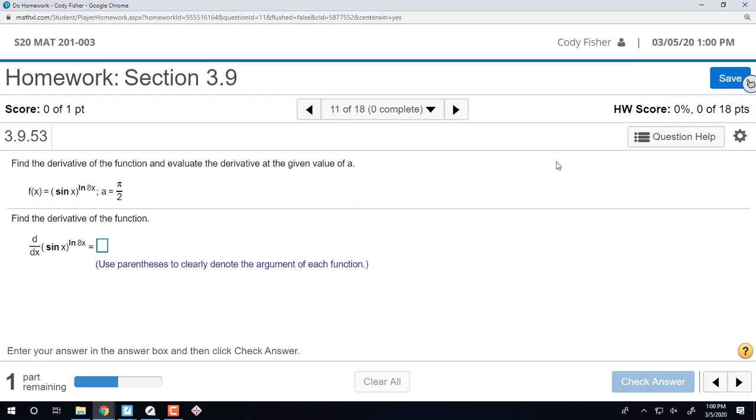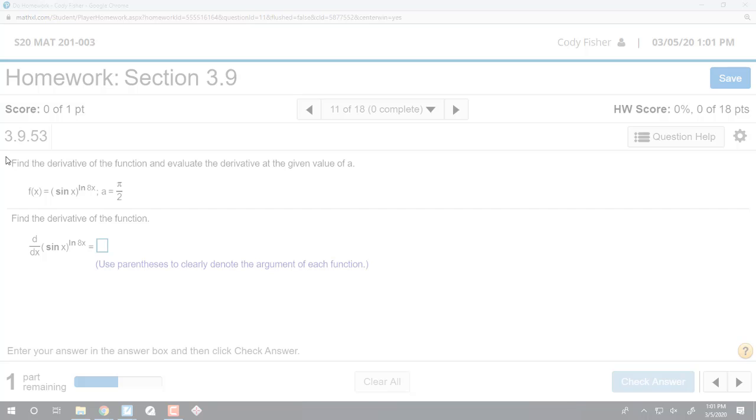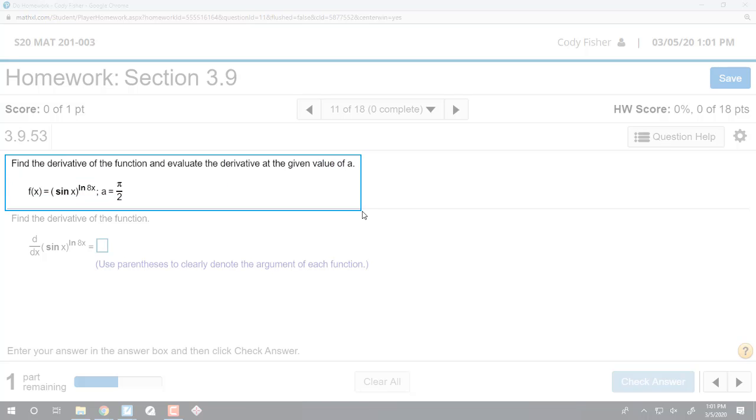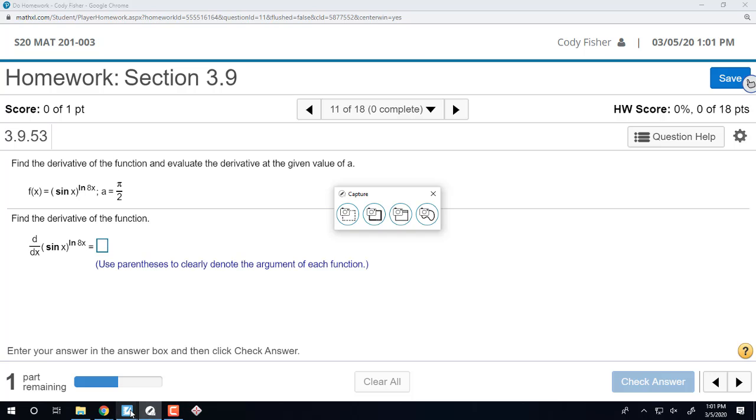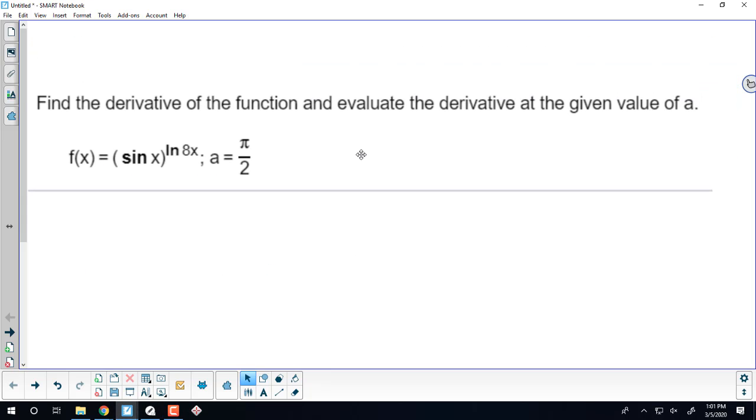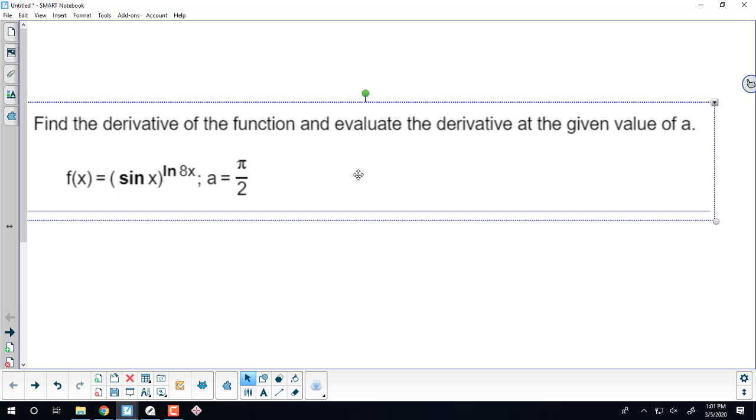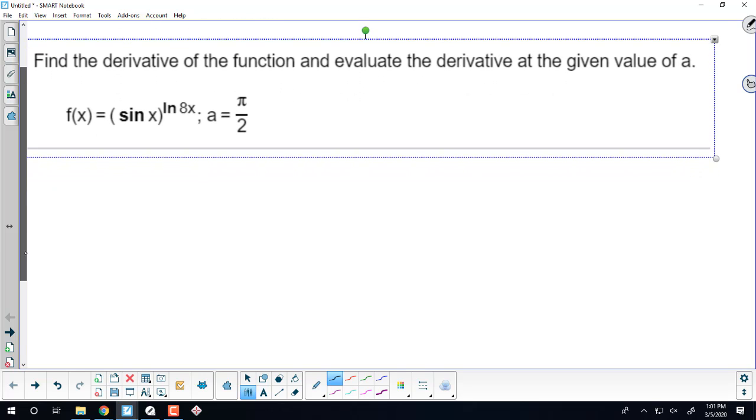Okay, so we're going to have to talk about logarithmic differentiation. We did talk briefly about how to find the derivative of functions like this. This is the function we were talking about last class.